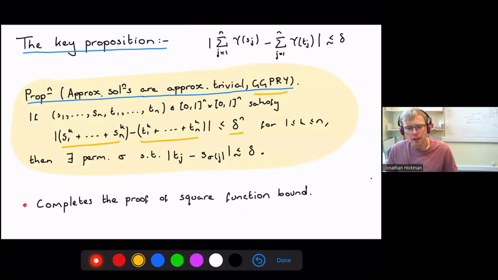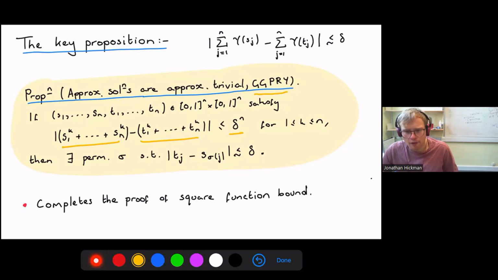Well, then this solution must be approximately trivial, in the sense that the t's are approximately given by a permutation of the s's. More precisely, we can conclude that there exists a permutation σ such that the difference between t_j and s_σ(j) is always less than delta in absolute value.